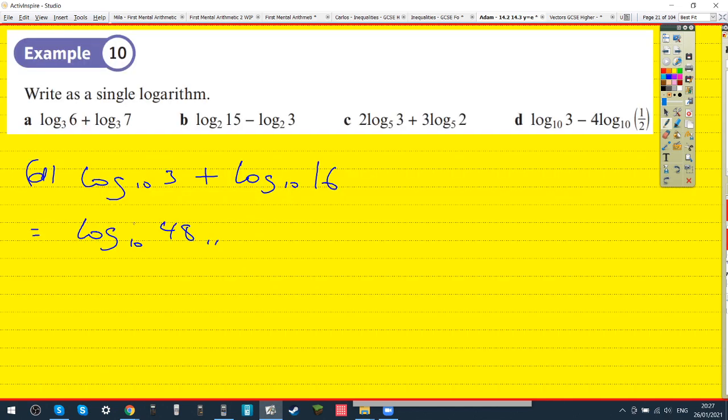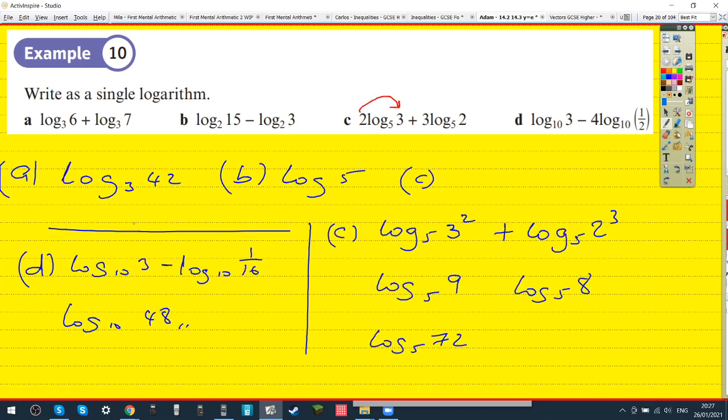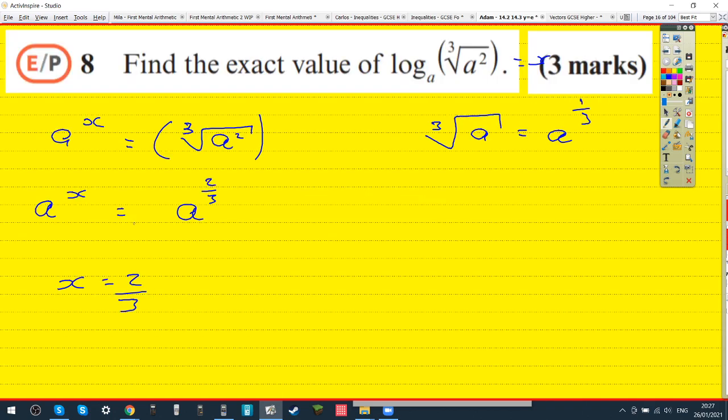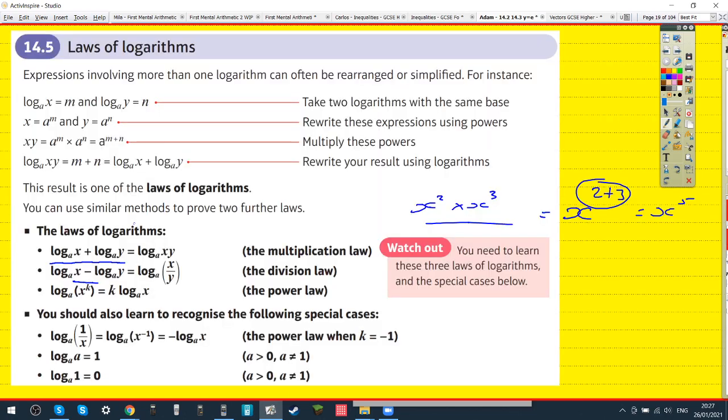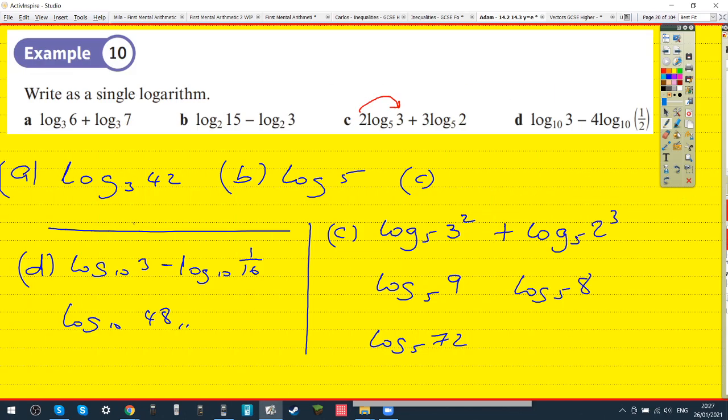Nope. Let's see. It's the opposite of part B of this one. So part B, log 15 minus log 3 is log 15 over 3. Okay. So you can bring them together.